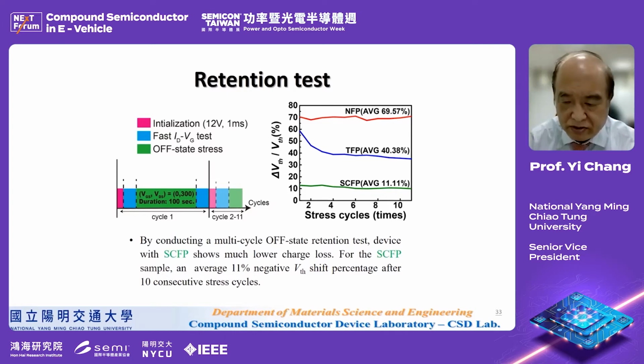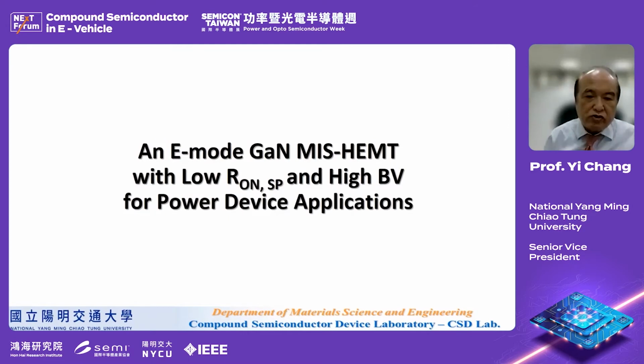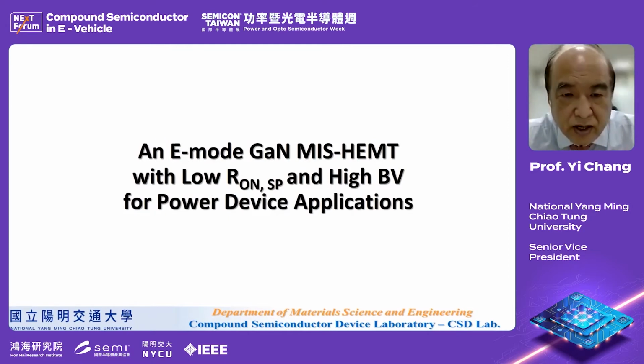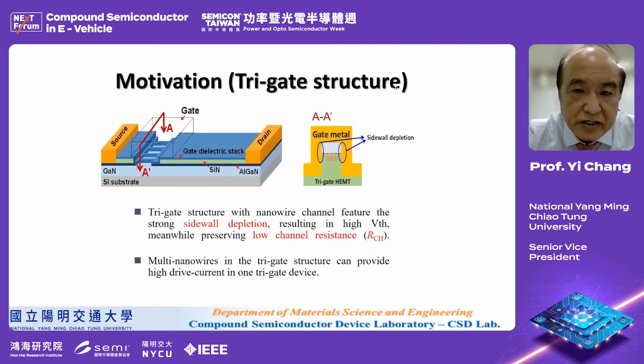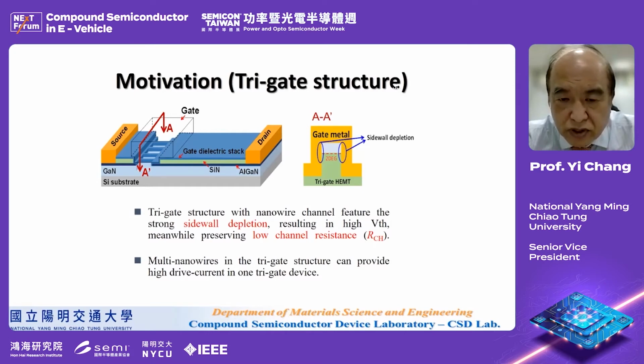Next I will introduce how to achieve an enhancement-mode gallium nitride HEMT device with low specific on-resistance and high breakdown voltage for power device applications. In this case, we use tri-gate with narrow wire channels, and the narrow wire can be depleted due to the sidewall electric field.